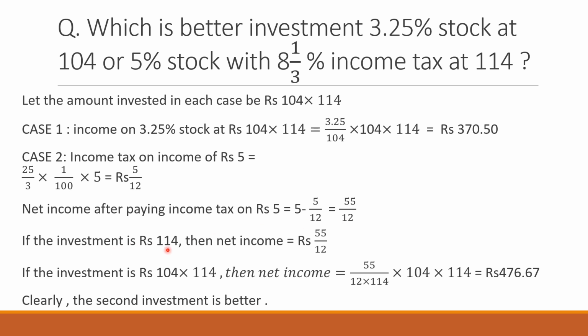Now, if the investment is 114, then net income is 55 upon 12. If investment is 104 multiplied by 114, then net income is, you are just applying the unitary method, and your answer is 476.67. So, you please compare these two incomes. Second investment is better because you are getting more income in the second investment.